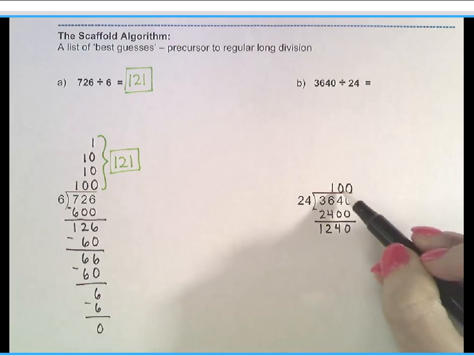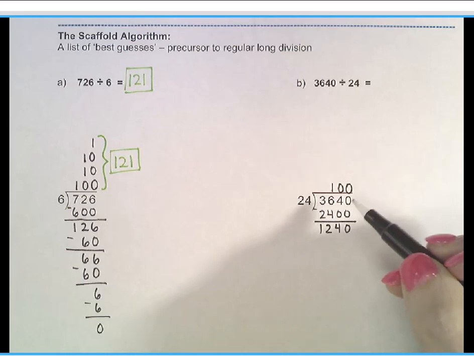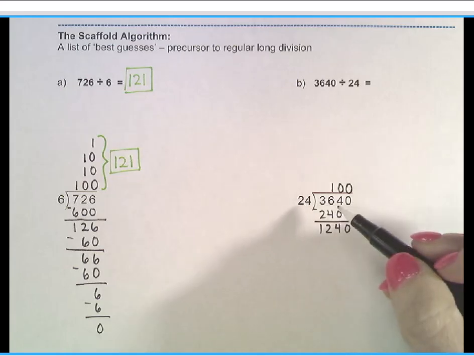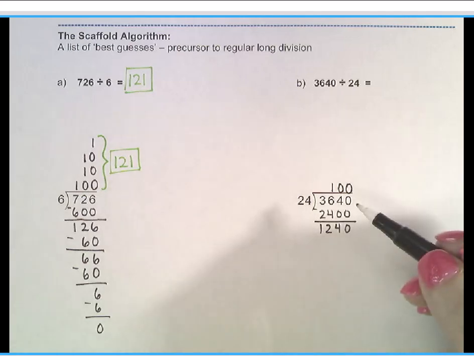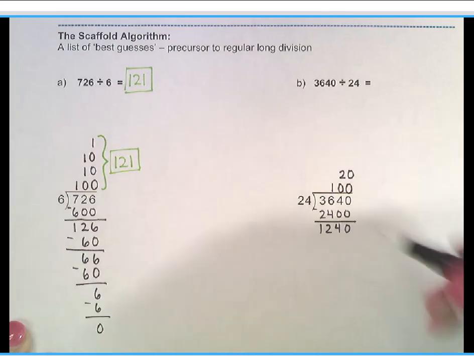Okay, 1,240. How many times does 24 go into 1,240? Well, I know it doesn't go 100 times because that would be 2,400. Will it go in there 10 times? That'd be 240. Oh yeah, it goes in there 10 times. Oh, it might even go in there 20 times. Let's see, what would 20 times 24 be? Well, that'd be 480. I don't want to do 10 and then 10.